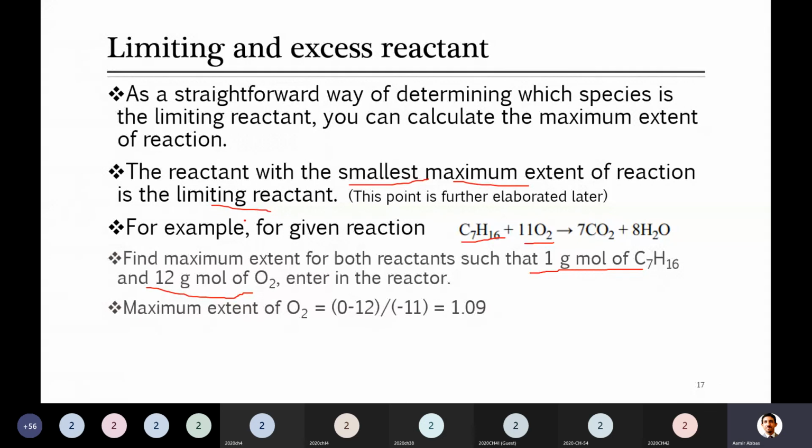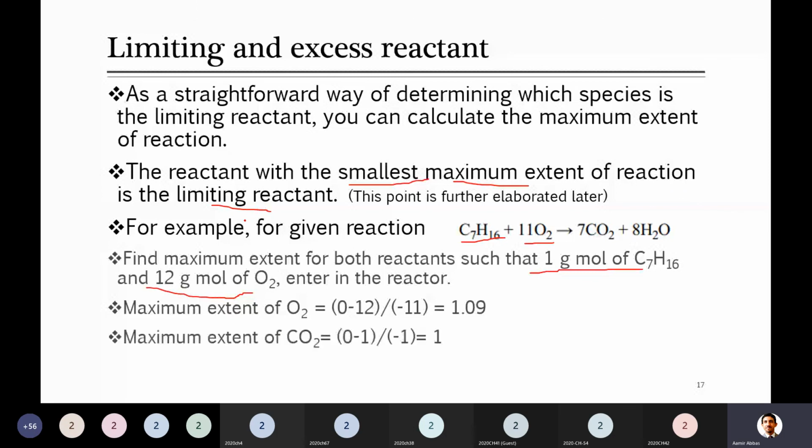Ni becomes 0 minus Ni naught. How many initial moles? They were 12, given in the question. Then divided by the stoichiometric coefficient, minus 11, because it is a reactant.